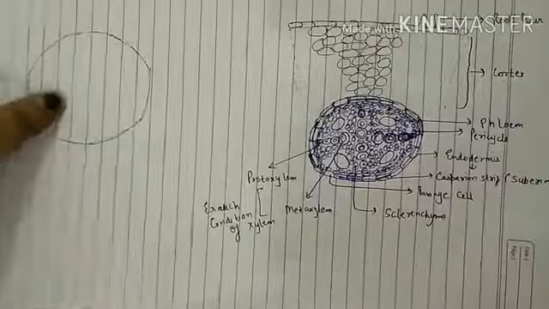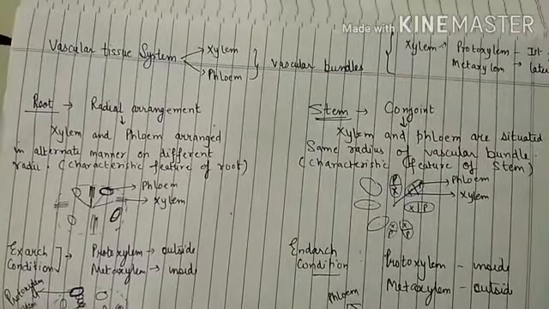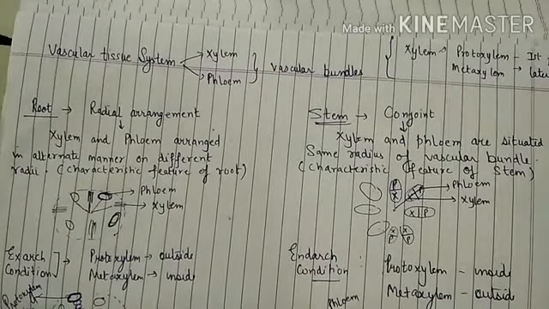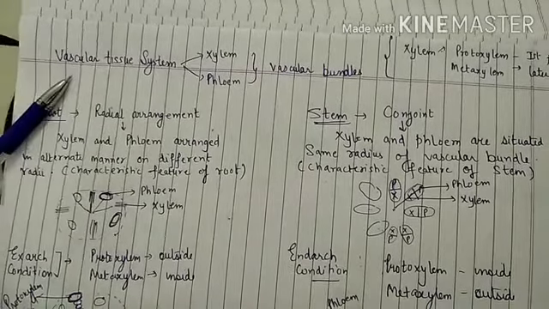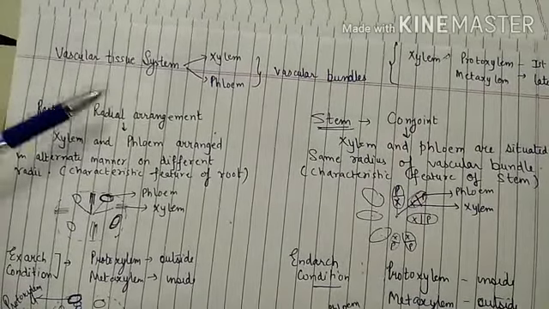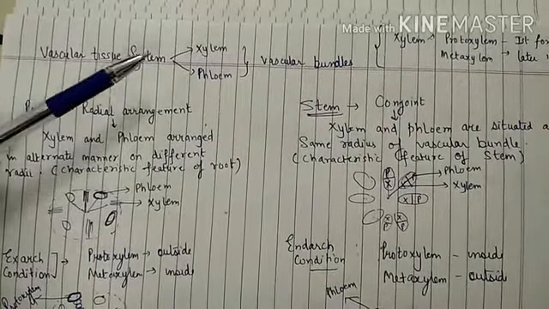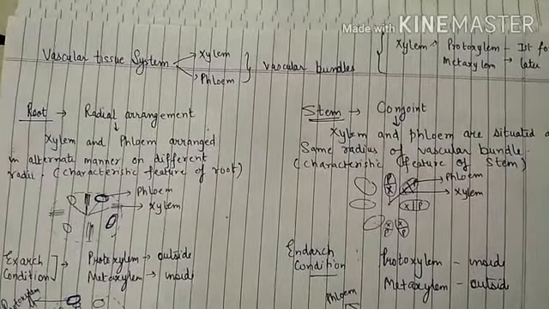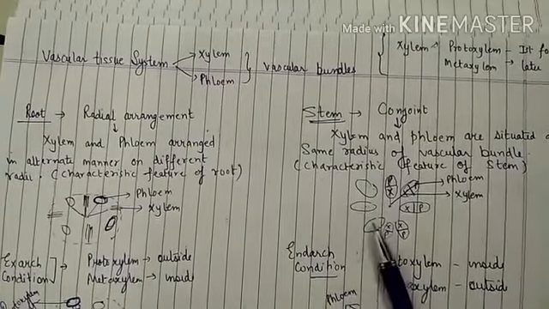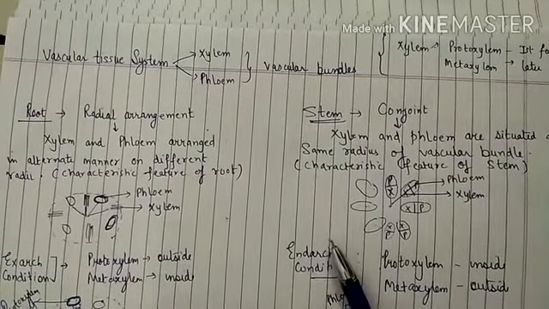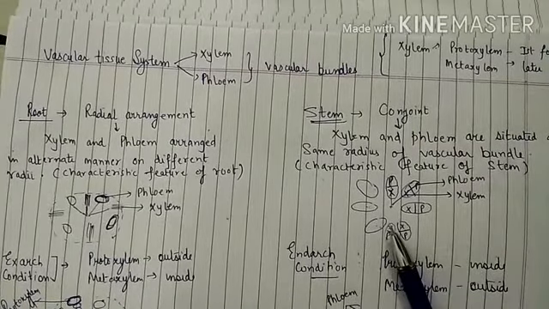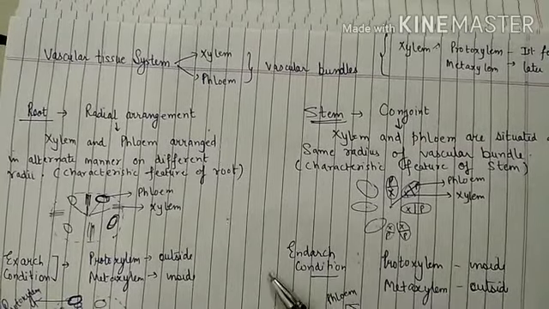Another thing you should know before studying the internal structure of dicot root is that the vascular tissue system, which consists of xylem and phloem, together are known as vascular bundles. These are some of the points you should remember before studying the anatomy of dicot as well as monocot plants.